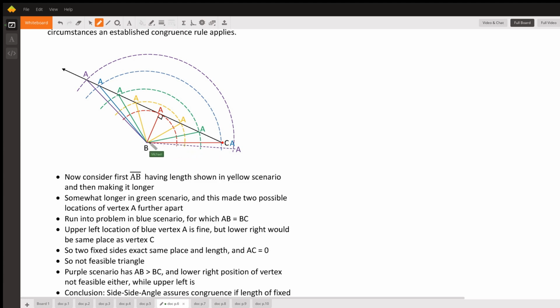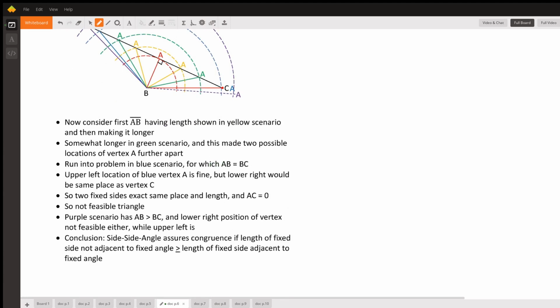So when they're the same length, you can only have one possible triangle. And if you make this fixed side even longer than this fixed side, again, this works, but this vertex would be down here. It doesn't work.